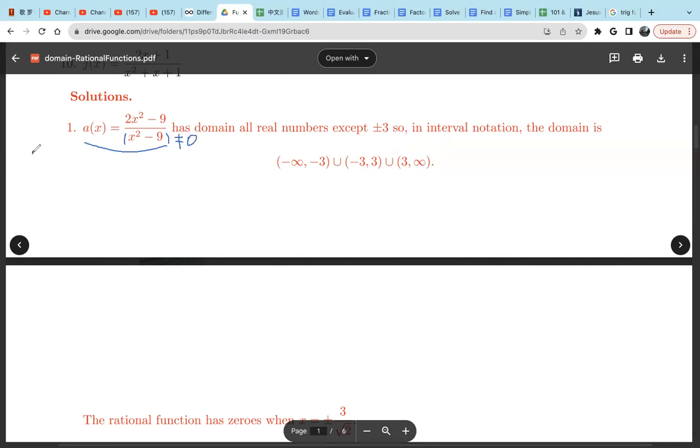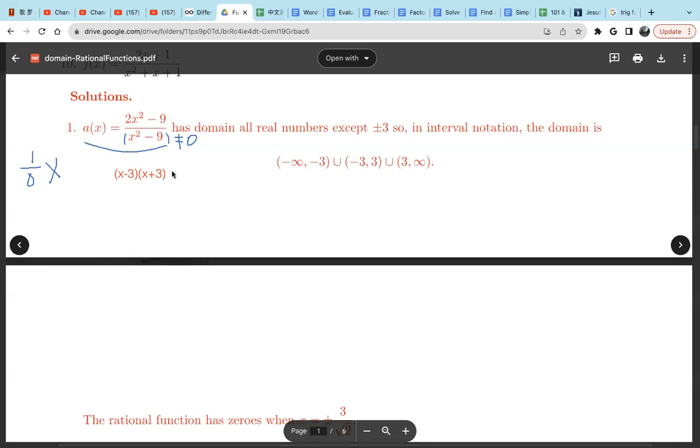We never see one apple shared by 0 people. That does not exist in mathematics. We never divide by 0, so 0 will never be a divisor. Then this is the difference of 2 squares and can be factored as x minus 3 and x plus 3.